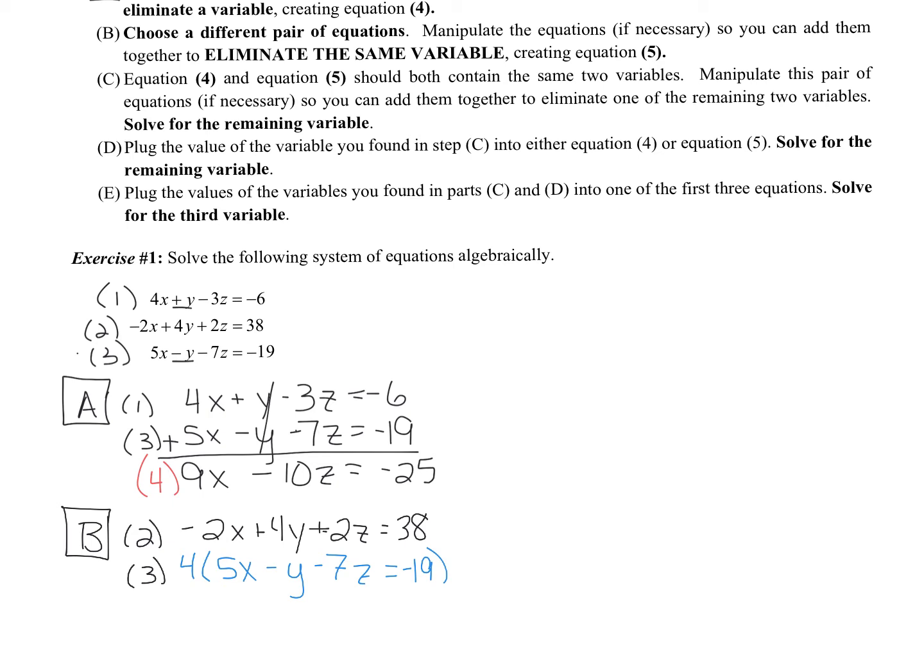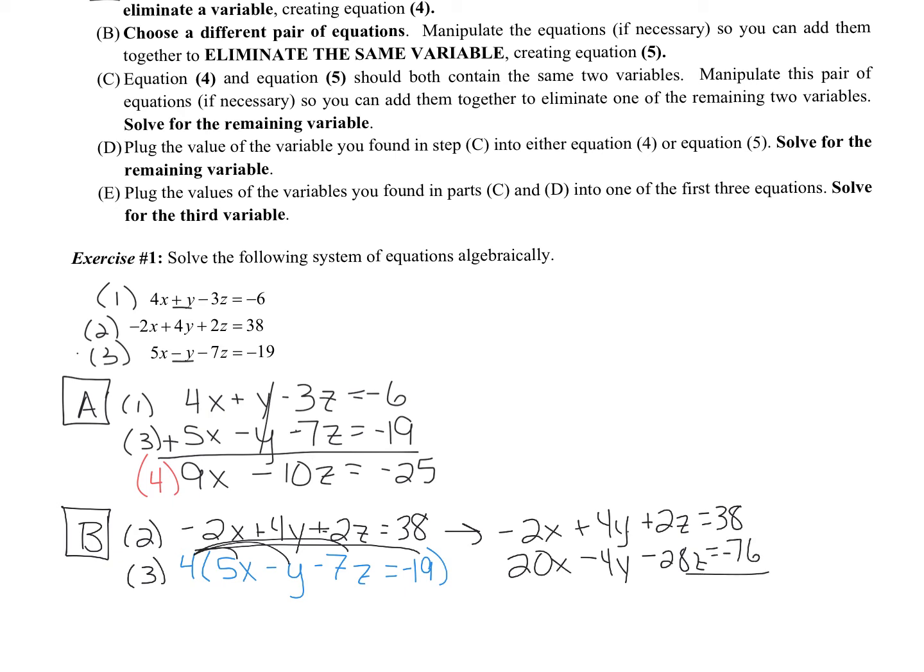And I'm going to rewrite both equations. So even though equation 2 is not changing, I want to have everything nicely lined up. Just recopying that equation. And then I have my new equation 3, which I multiplied by 4. So that's going to be 20x, if we distribute, minus 4y, there's my eliminating step, minus 28z. And then 4 times negative 19 is negative 76.